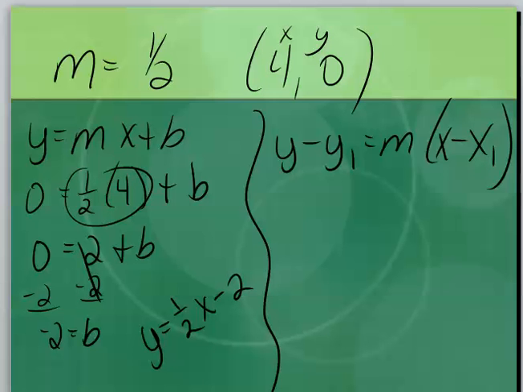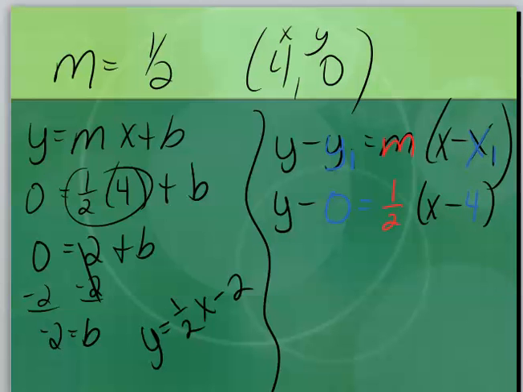Using point slope form, the first y stays a letter, minus, remember that this y sub 1, that's where we plug in our y value from the point. So there's my 0. M, your slope, is 1/2. The first x stays a letter. The second x, our x sub 1, comes from the point.